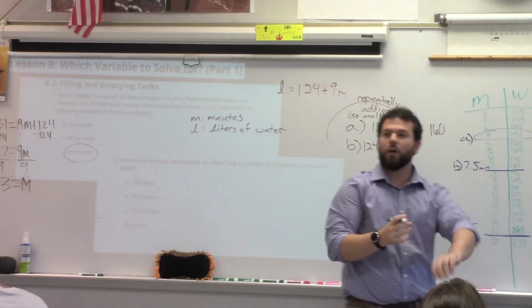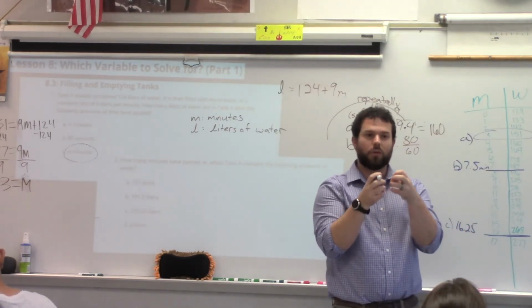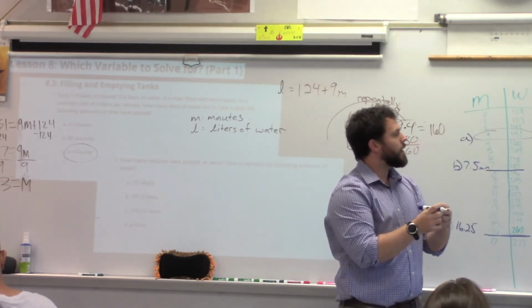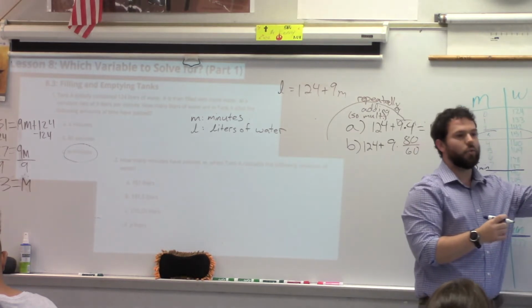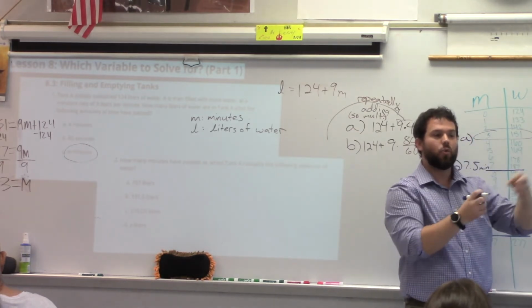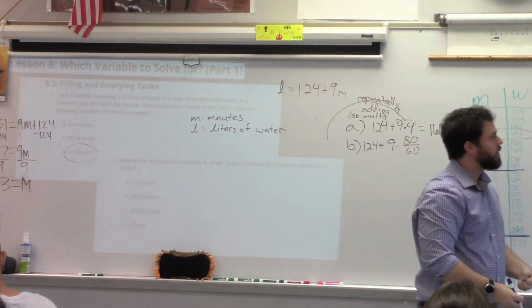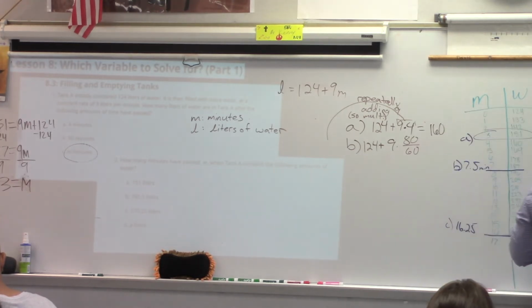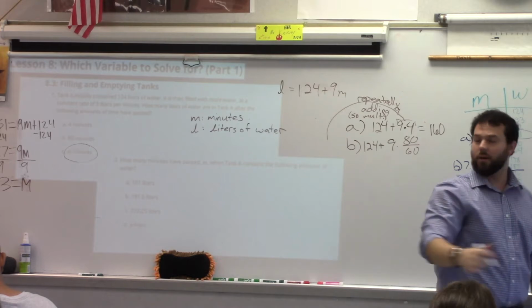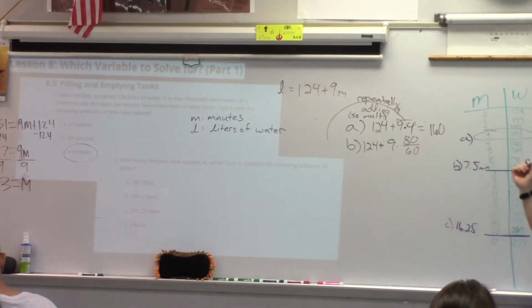It's important to recognize if I start with that 124 liters, well, I've only added 27 more liters. The 27 liters is what came from the 9 liters per minute. So then we got 27 divided by 9 is equal to 3 minutes. Is that what we saw on the table? Yes. Okay, let's look at this again.